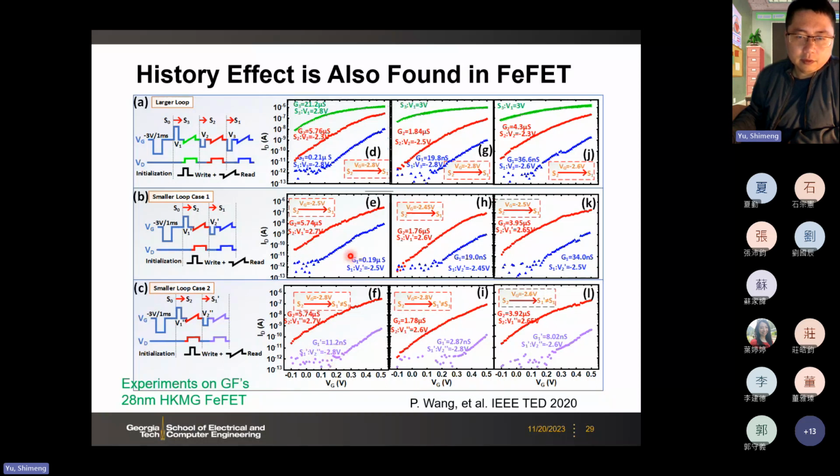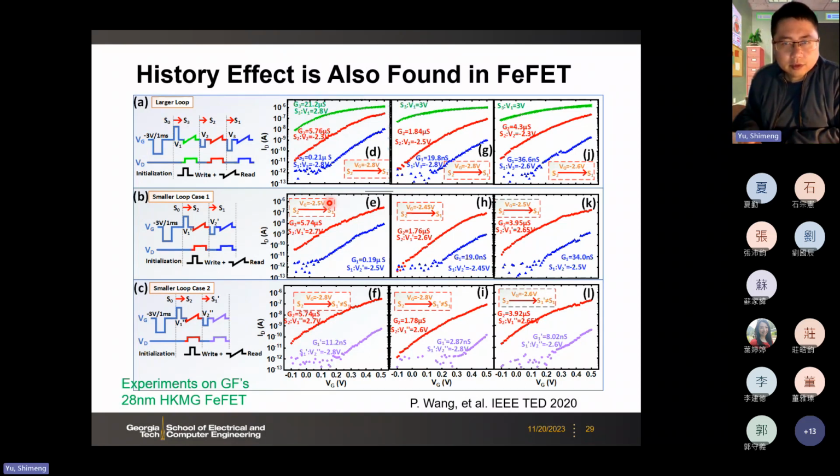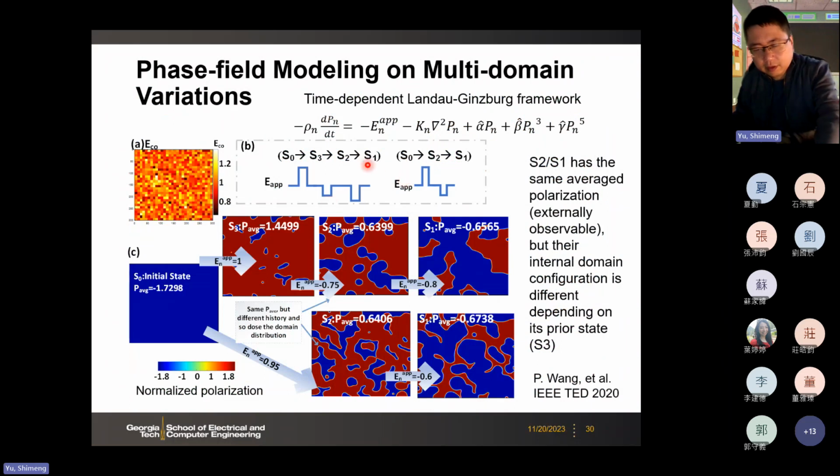This is different from the previous one, which is like 0.19 microsiemens. So it's like 10 times smaller. This is a different state than this one. So if you want to achieve the same state, you have to use a different voltage. So then what causes this effect? We did a lot of device physics study.